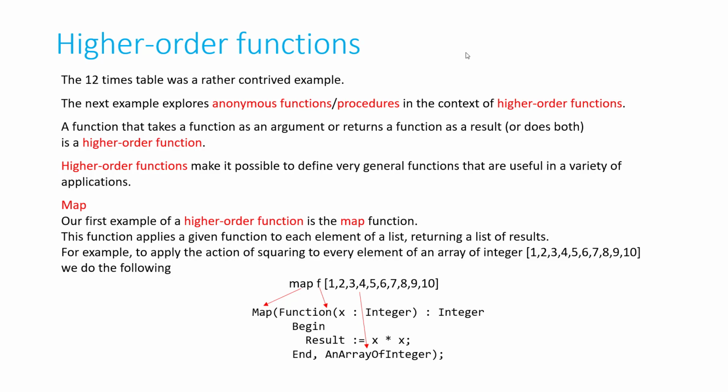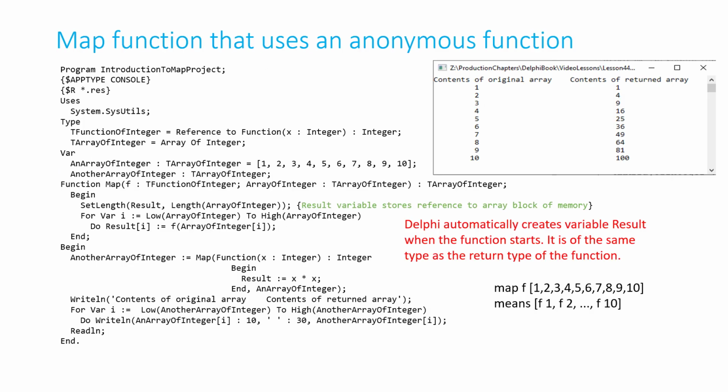So the map function will look something like this in a Delphi program. We take an anonymous function as the first argument and we apply it to the second argument, which is in this case an array of integer.